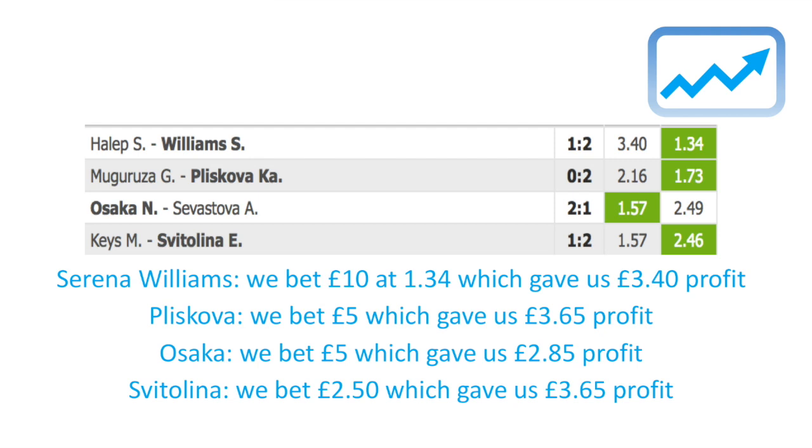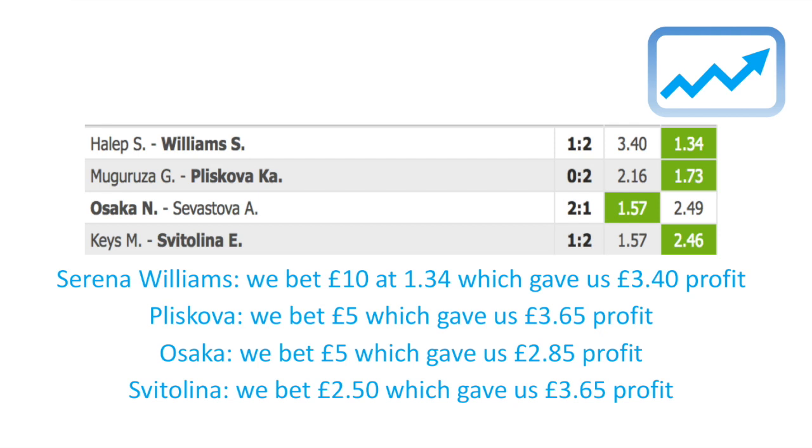Pliskova started the match at odds of 1.73. Because she's over 1.51 and below 1.90, we place a 5% stake, which is £5, and this gave us a profit of £3.65.